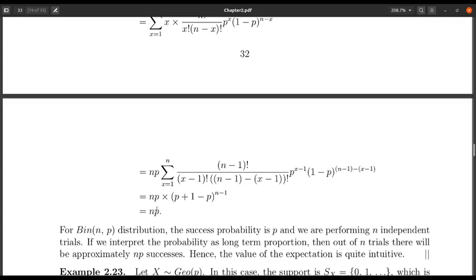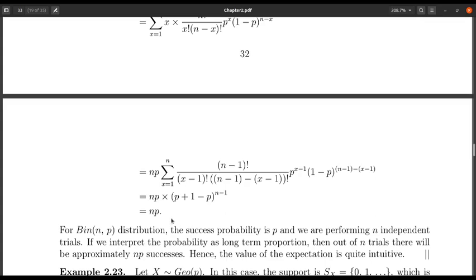And note that this expectation is very meaningful. In the background of the binomial experiment there is the Bernoulli trial, and I am repeating the Bernoulli trial n number of times. And what is p? p is the probability of success.